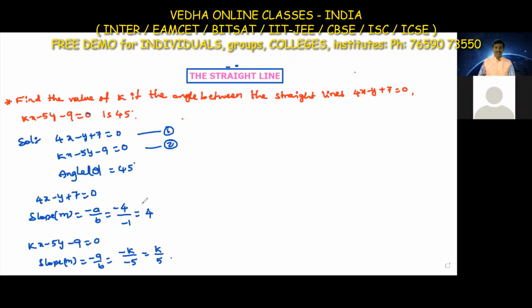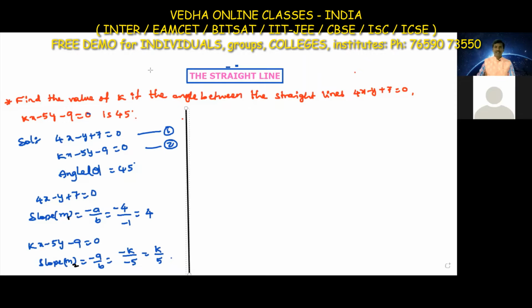These are the slopes. I am taking the first line slope as m1 and the second line slope as m2.